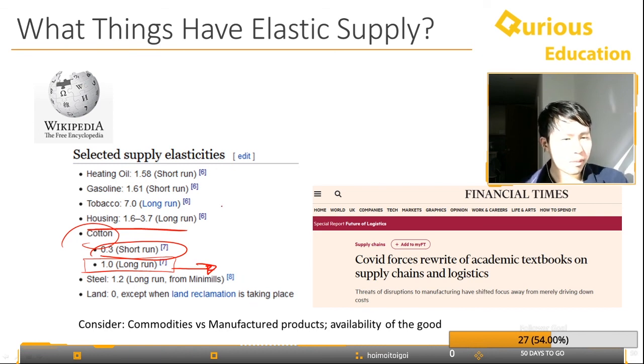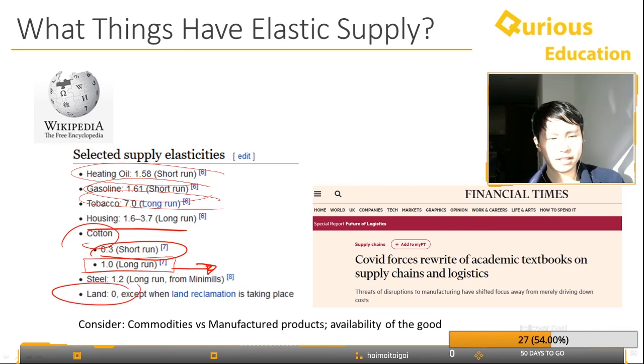For manufactured products or secondary goods, they tend to be slightly more elastic because we can produce more of that relatively quickly. And for things like land, or for some special products, these are perfectly inelastic. Yeah? So if it's zero, it's perfectly inelastic.